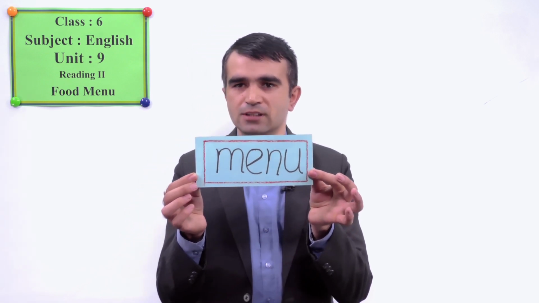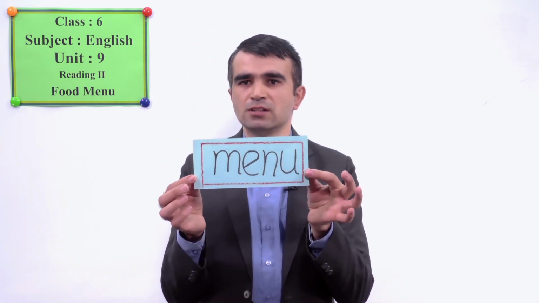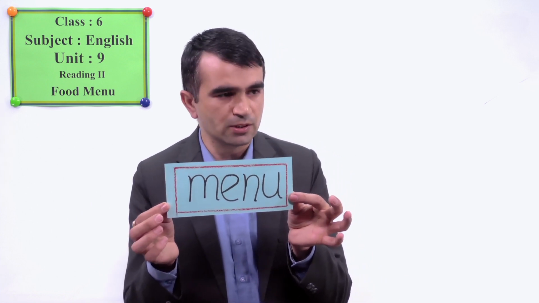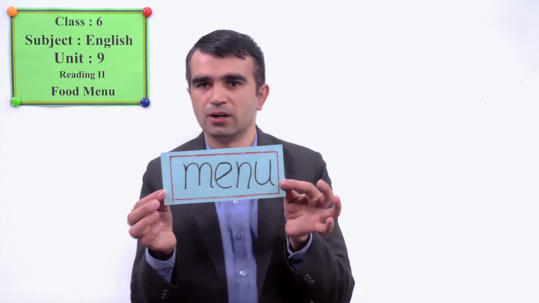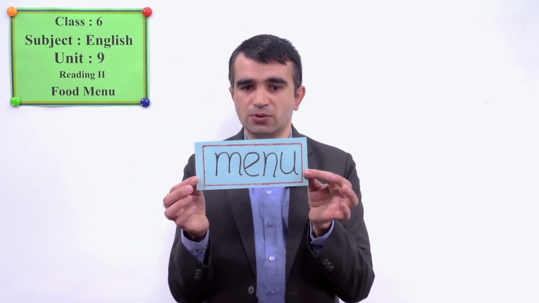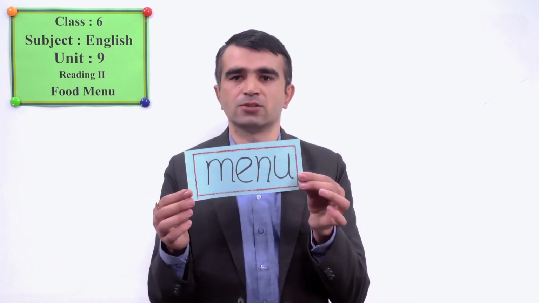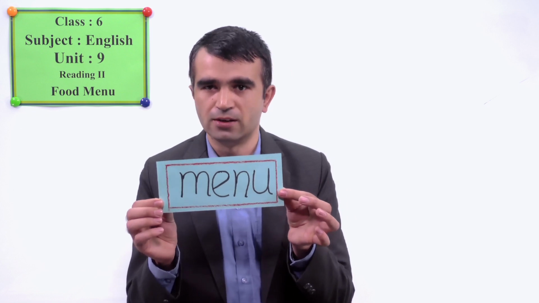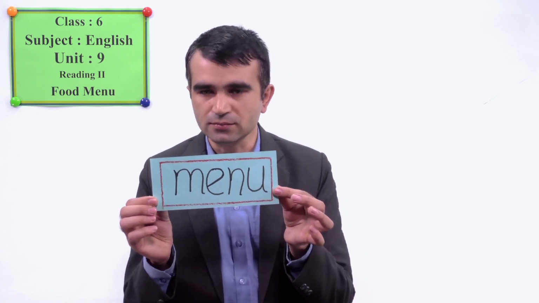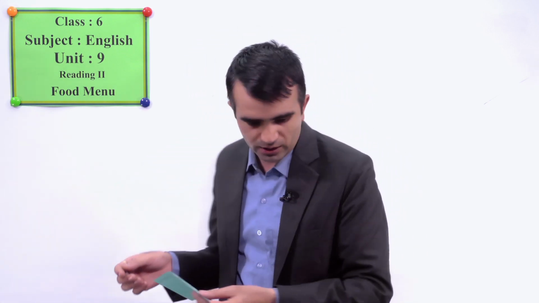Dishes means a particular, specific type of food offered there. So, if a list of food is given along with price, that is called a food menu.